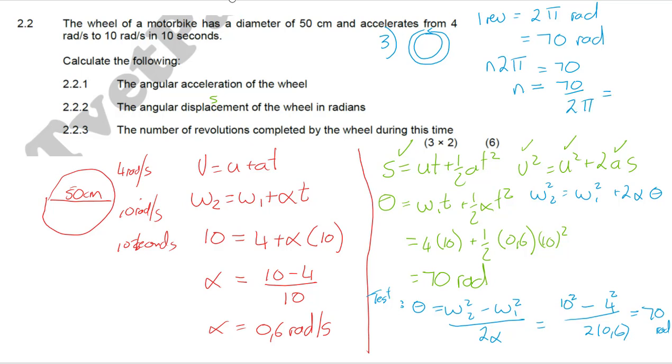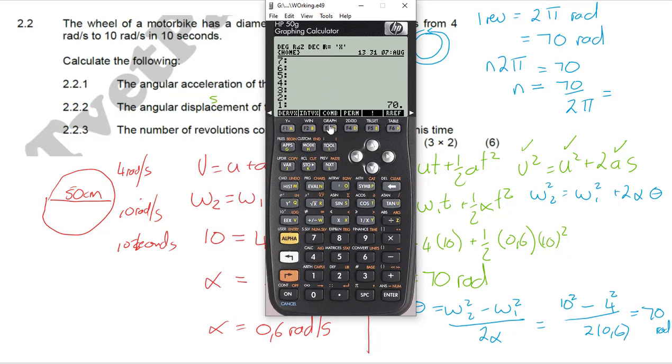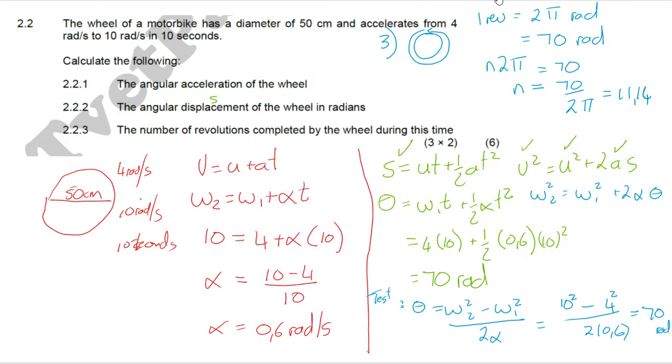If we do that on our calculator, call up the calculator again. Here's the calculator. Oh, look, 70 is still here. 2 times pi, divide. Oh, it's a fraction, 70 over 2 pi. Let's get a numeric value, 11,14. So this has completed 11,14 revolutions. Done.